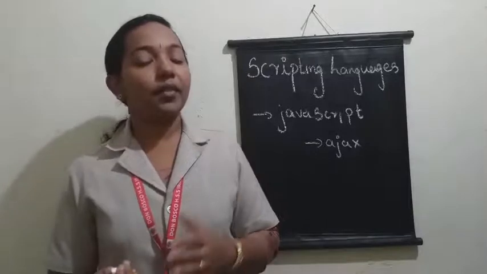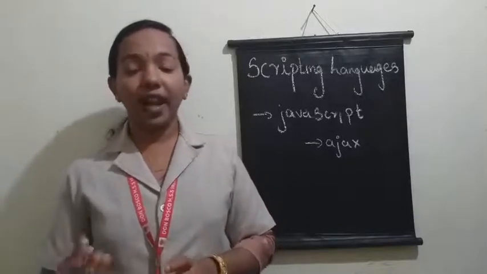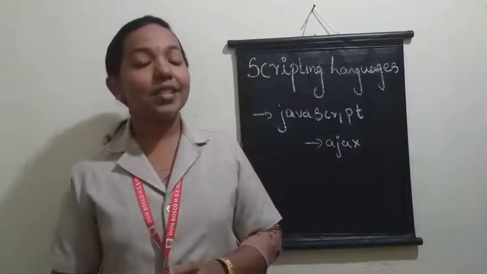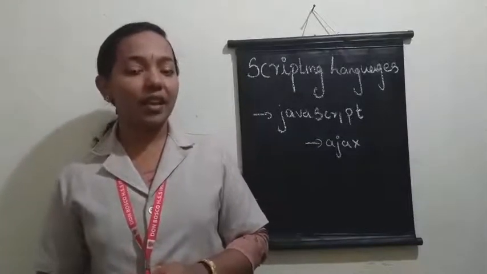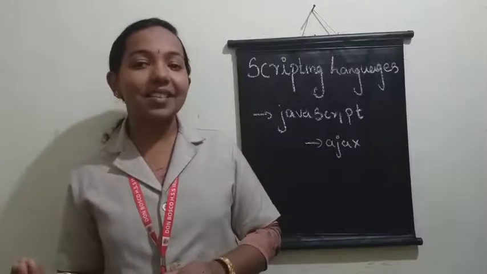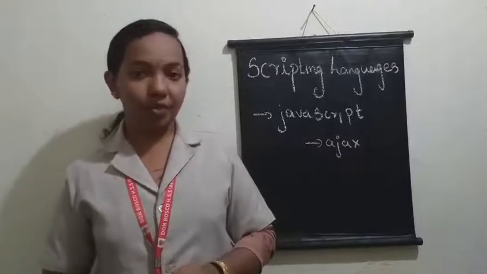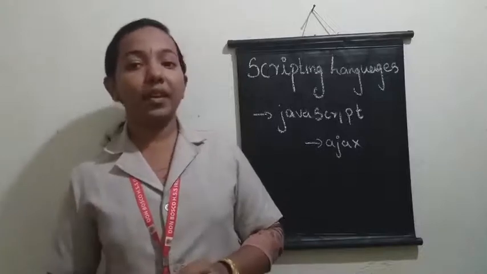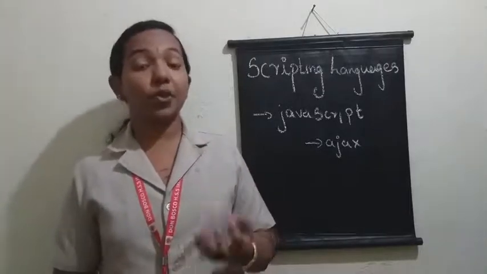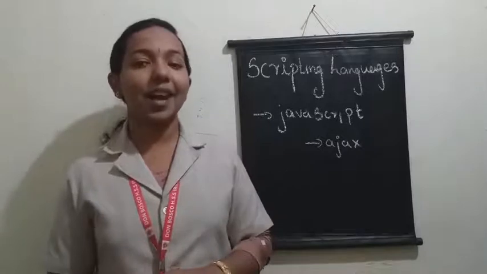We already studied the different attributes for script, type and also SRC. When we are using SRC in the script tag, we are adding an external file to our script. Suppose we are adding external JavaScript code to our program, then we can use SRC equal to.